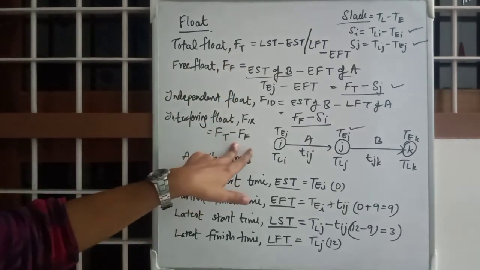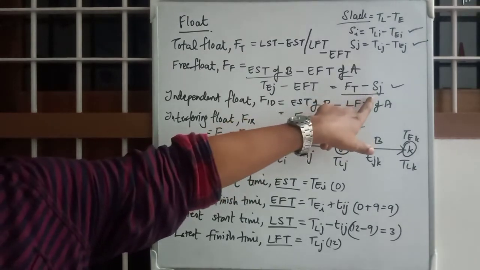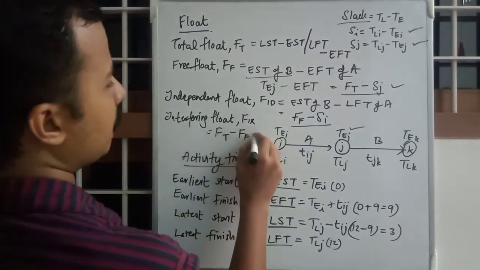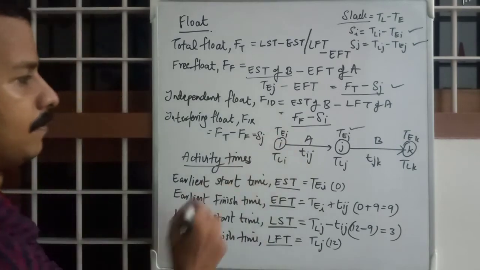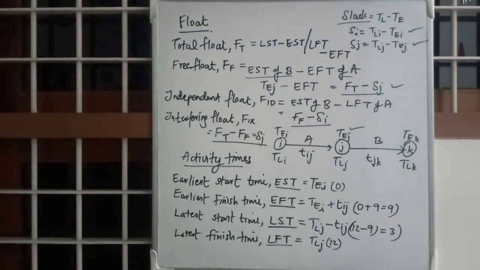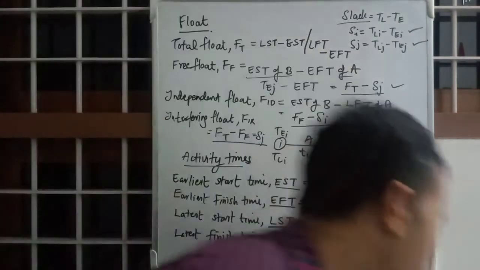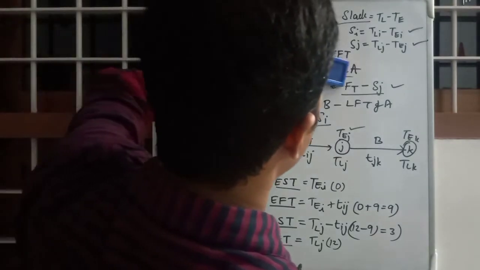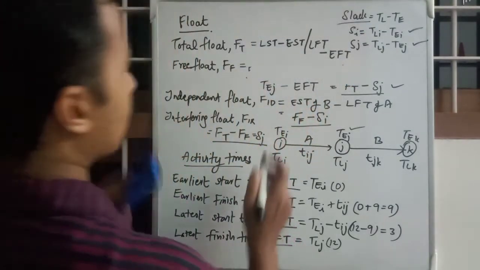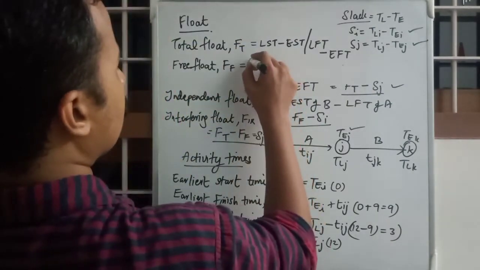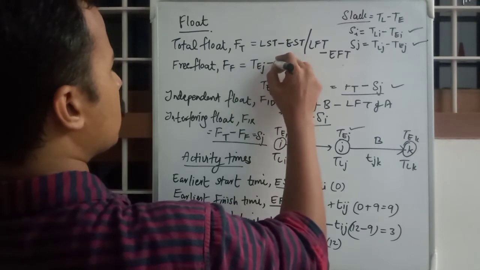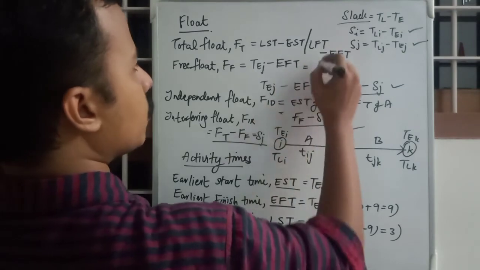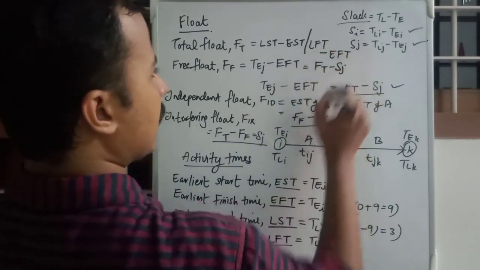So obviously, as we know, FF is FT minus SJ, so interfering float will be the same as SJ. Okay, it is a bit crowded, so we will simplify it: TJ minus EFT, and that is also equal to FT minus SJ.